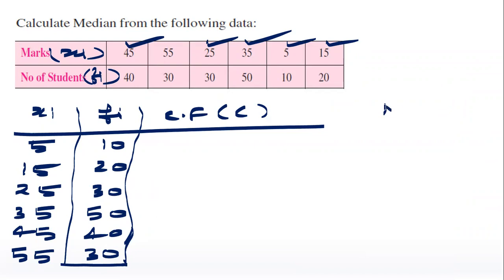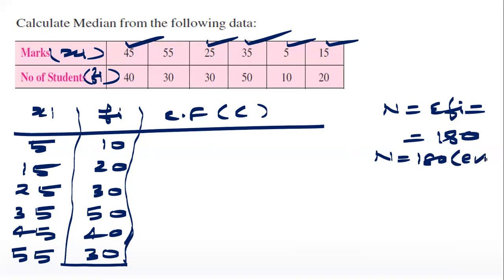We can see n is the summation of fi, their sum. Find out their sum. We will find its value is 180. And what is n? n is 180, which is even.